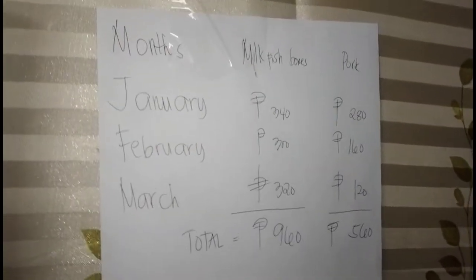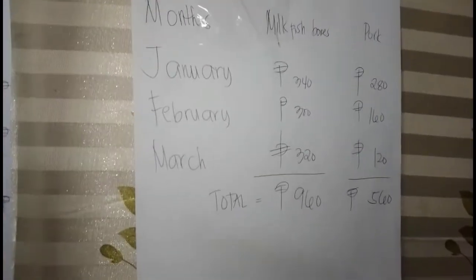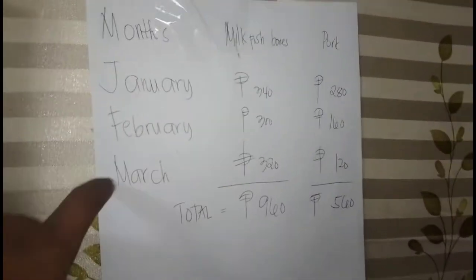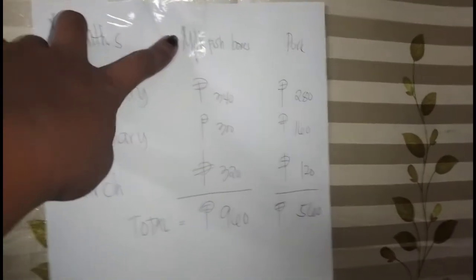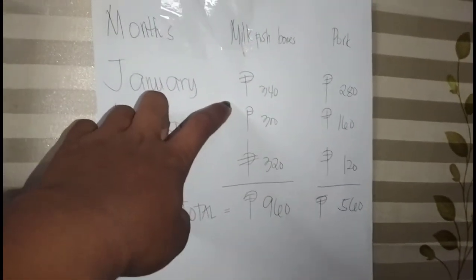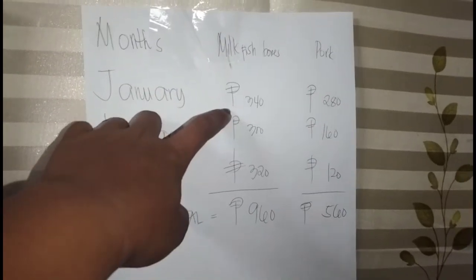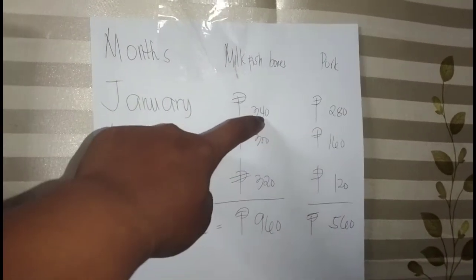Let us total the amounts for the months of January, February, and March. For milkfish bones, we have 17 for the month of January, and the total is 340.